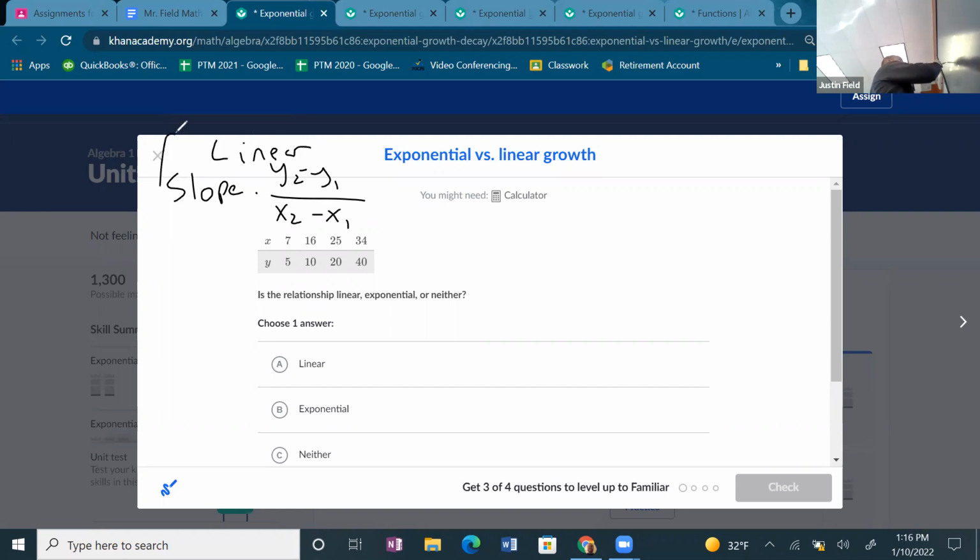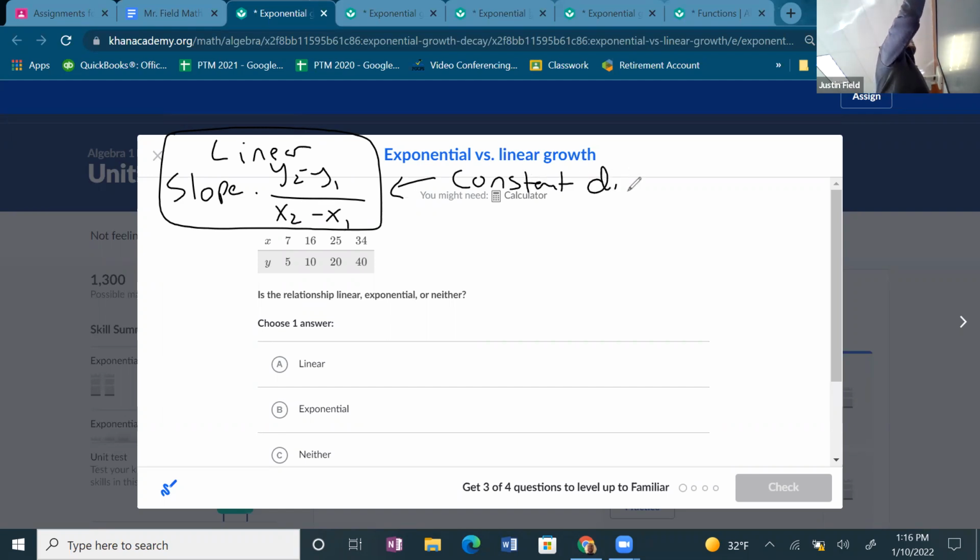And this we call a constant difference. Difference is subtract, right? So when you have a constant difference, there's a constant rate of change, and that's called a slope. All right, so that's what we've been calling it. Now, that's for linear.